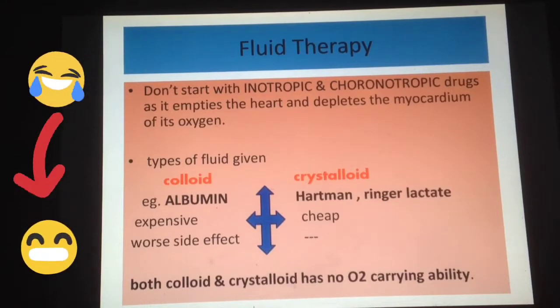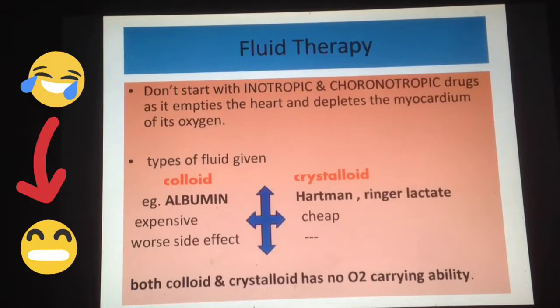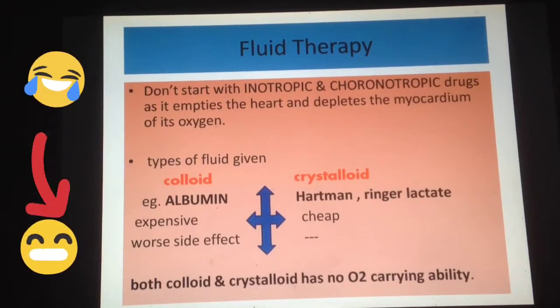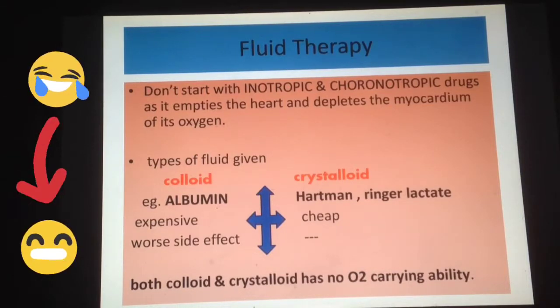Most of you will think that if we give certain amounts of inotropic and chronotropic drugs to the heart, the heart's pumping ability will improve and more blood will be given to the circulation. But that is not true. Inotropic drugs stimulate the SA node, stimulating its firing, hence the heart contracts more, and the chronotropic drugs cause ventricular contraction.